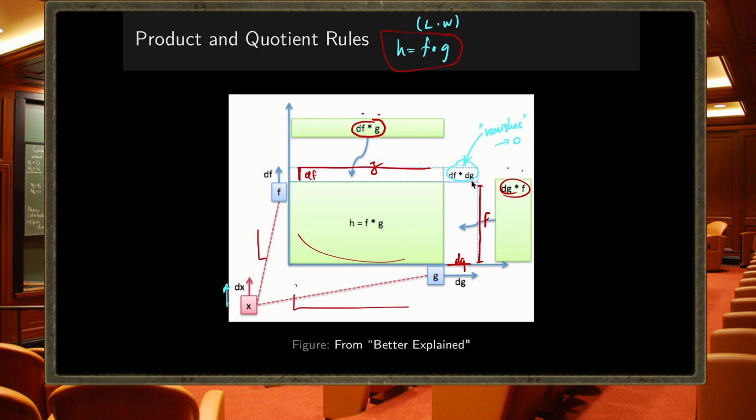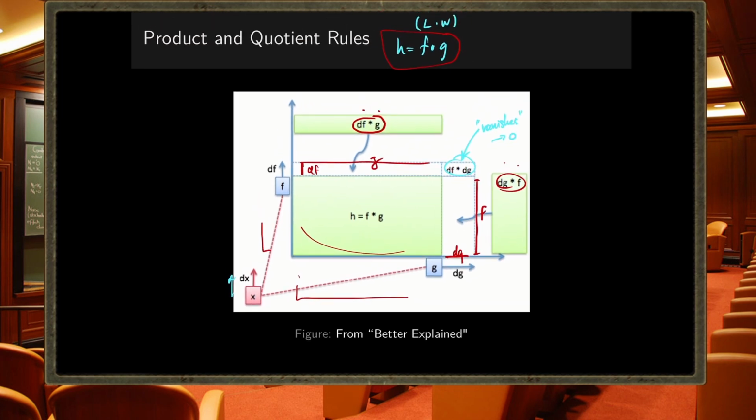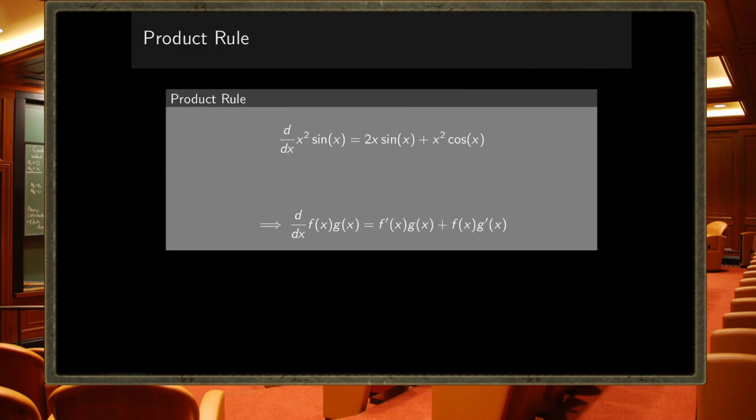All right, so this is an explanation for the rule that I'm about to give to you, which is, all right, how does h change? Well, let's write this up here first.